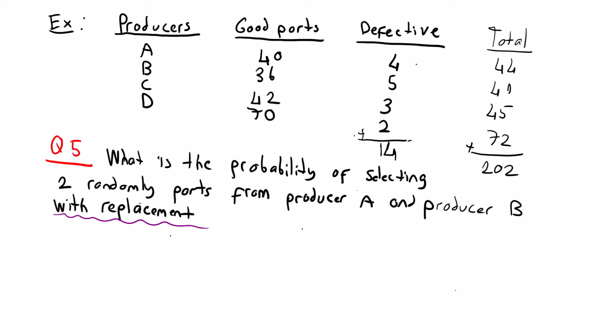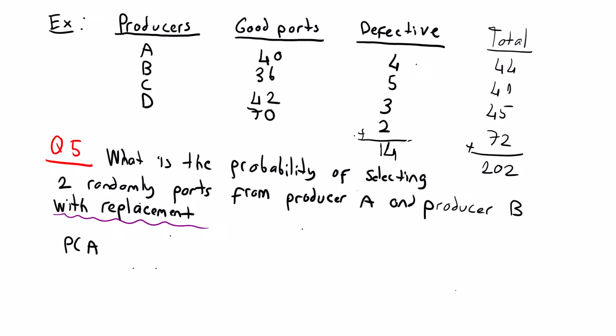So you pick up the part, and before you go for the second draw, you put that item back into the box or the container. This is what is meant by with replacement. So in this specific problem, we are looking for the probability of selecting two random parts from producer A and producer B.